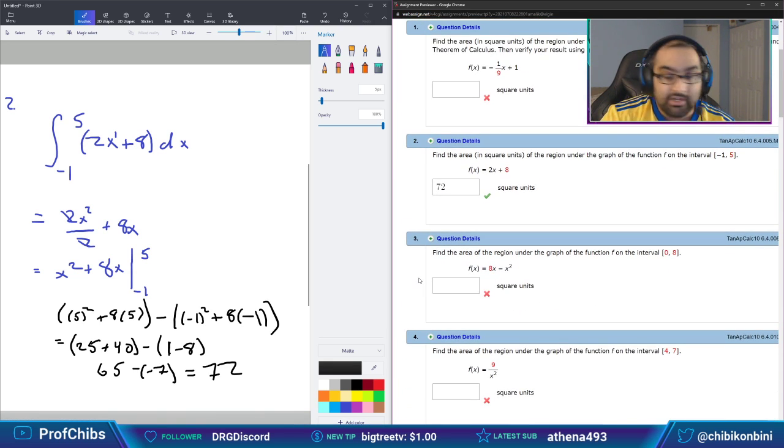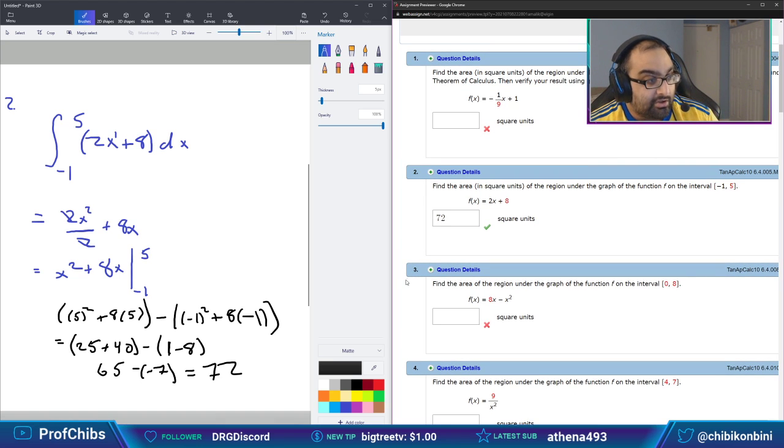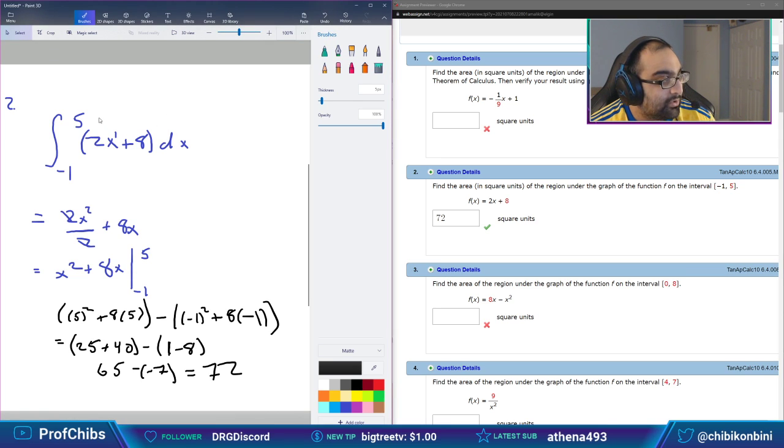Now, one thing I do want to note here is that although it does say the area is 72, and that's perfectly fine, it is possible to get negative area. In these cases, for integrals, it is possible to get negative area. So if you get a negative answer as part of this process, that's certainly plausible.